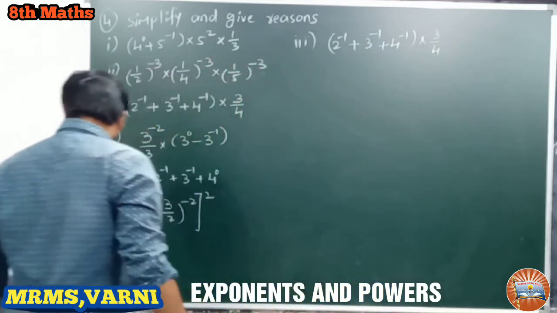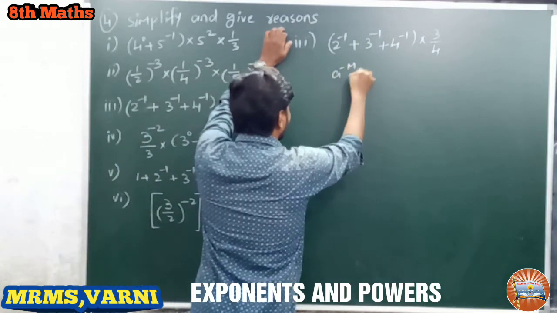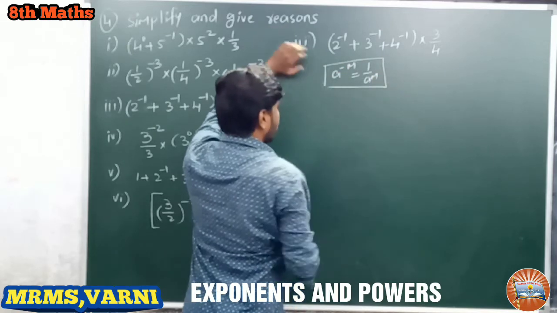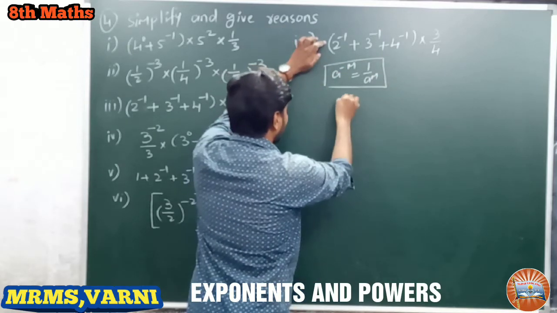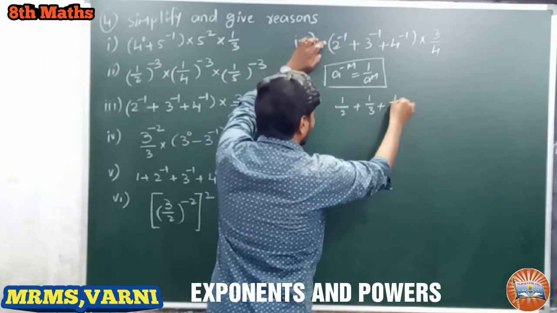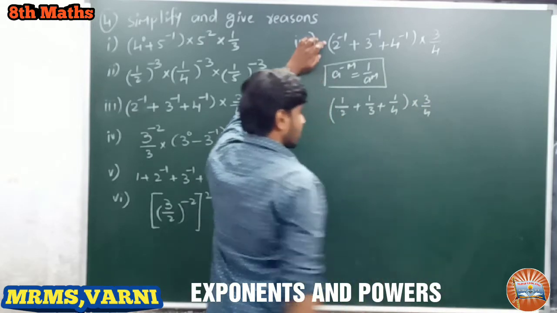Okay, right. Next, we have a power minus m is equal to 1 by a power m formula. With the use of this formula, I am going to convert this: 1 by 2 plus 1 by 3 plus 1 by 4, we can write, into 3 by 4 as it is.